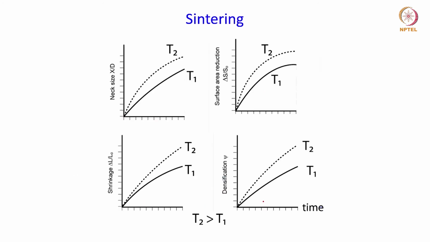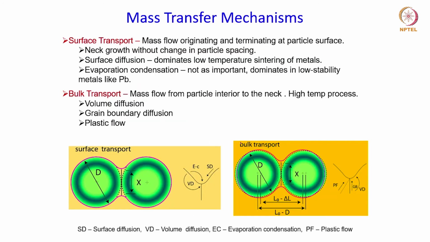And then we talked about the effect of temperature on the sintering. The phenomena which happen during the sintering process are thermally activated, and therefore any increase in the temperature will lead to a higher densification during the sintering process. Then we started talking about the diffusion mechanisms or different paths of mass transport that you have in case of the sintering process.